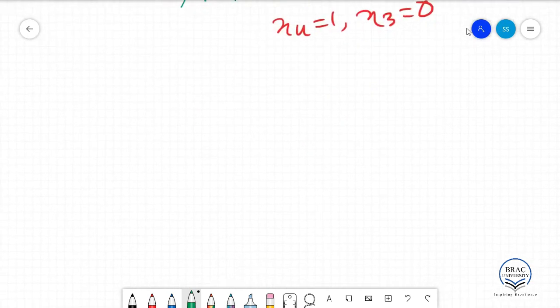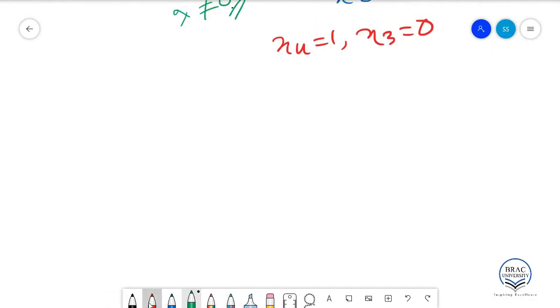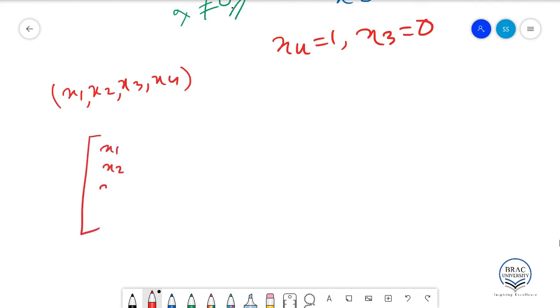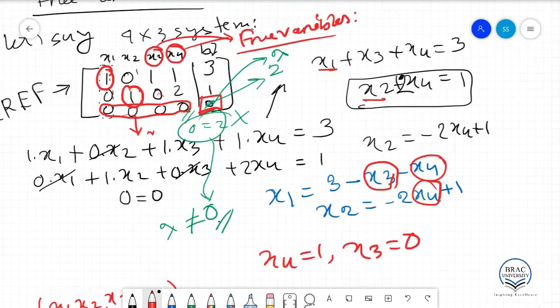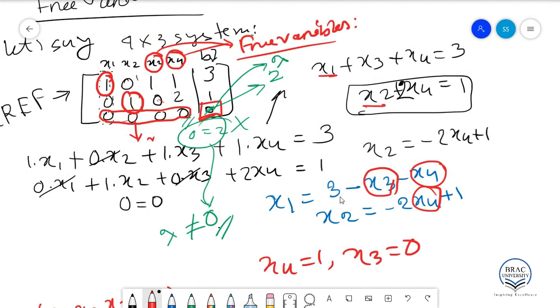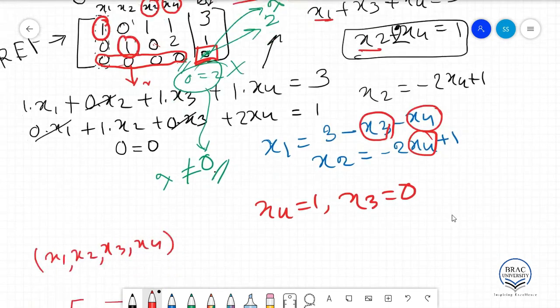And finally, the system we are trying to solve consisted of 4 variables, right? That is x1, x2, x3 and x4. Let's see how to write them in a matrix. And remember, we said x3 and x4 are free variables, and we solved that x1 is equal to 3 minus x3 minus x4, and x2 is equal to minus 2x4 plus 1, right?